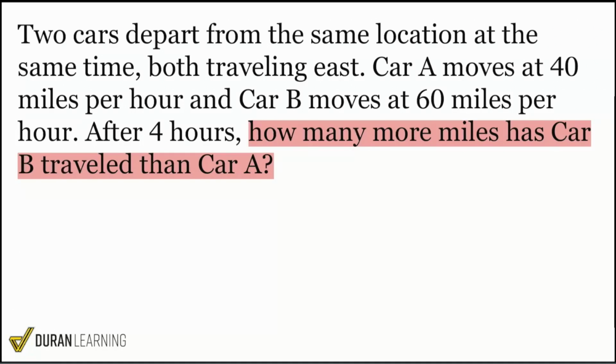What's the phrase in the red highlight that will help us get a huge hint at what we're doing? Yes, how many more miles? Exactly. How many more miles has car B traveled than car A?